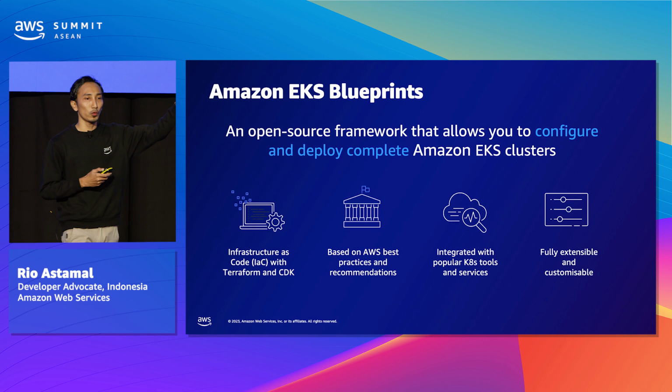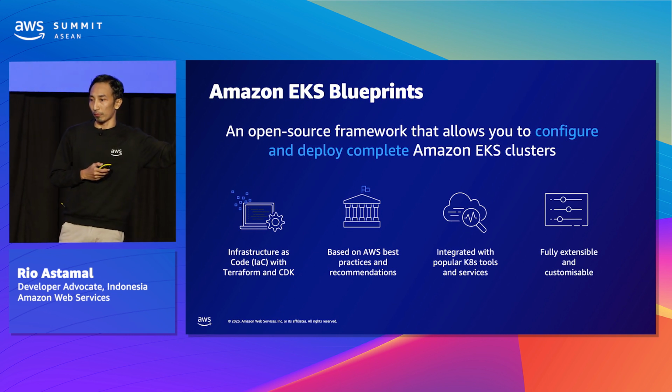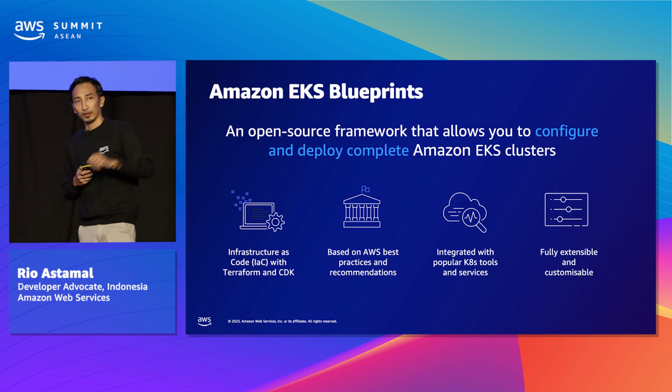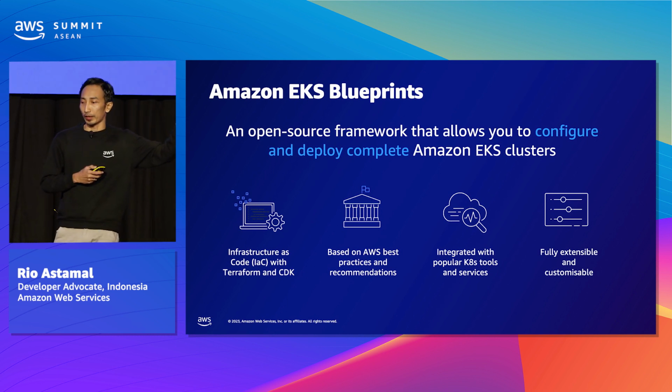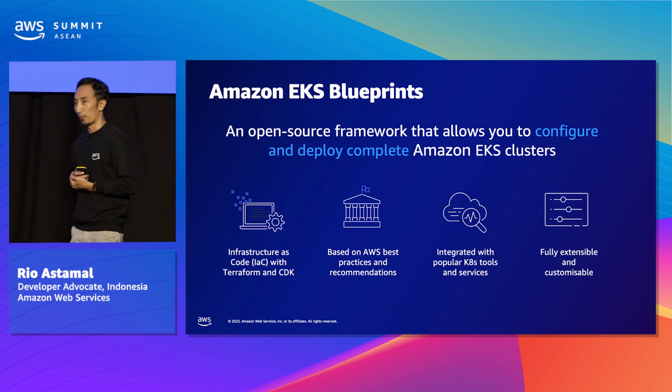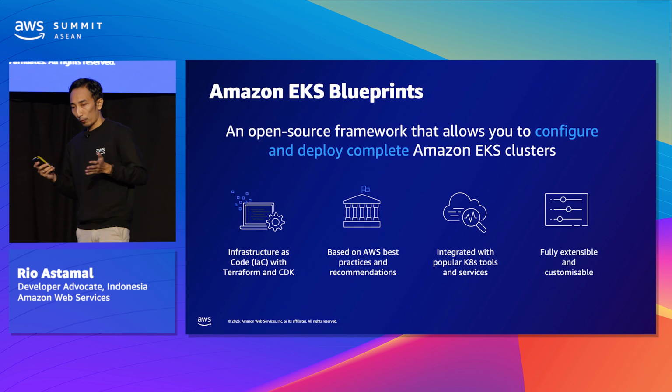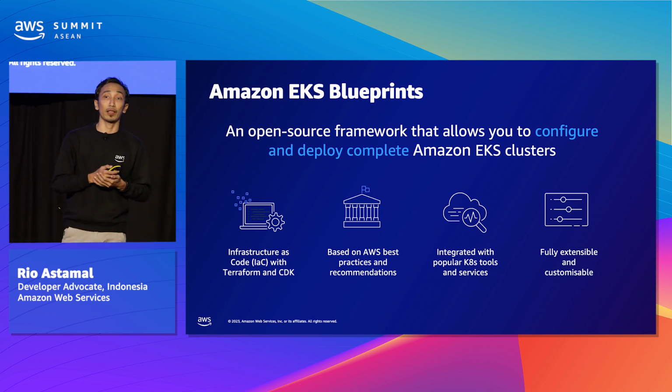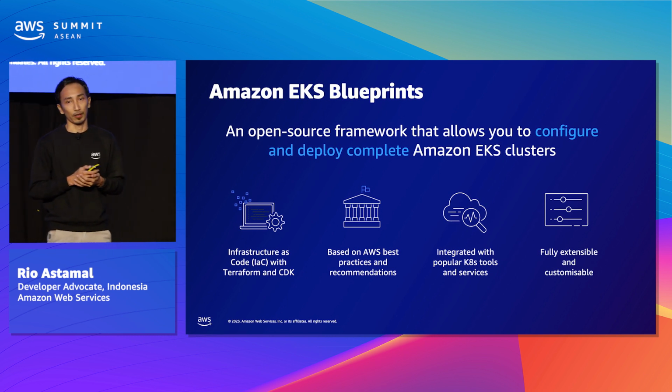It has two choices of IaC tool that you can run EKS Blueprint with. The first one is AWS CDK, and the second one is Terraform. In this demo, I will show you how to run a Kubernetes cluster using Terraform.